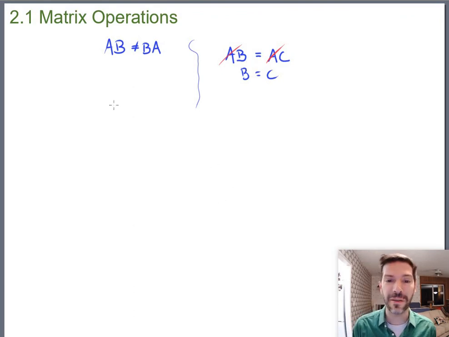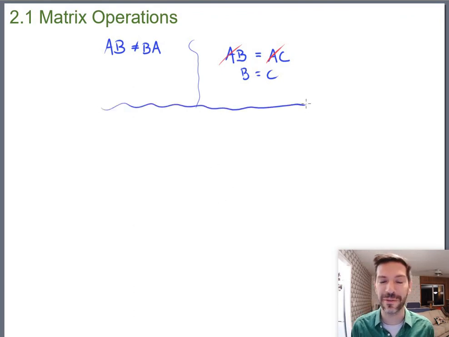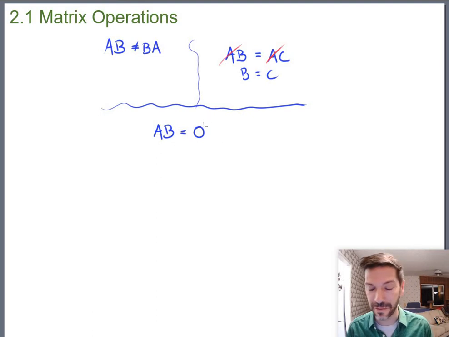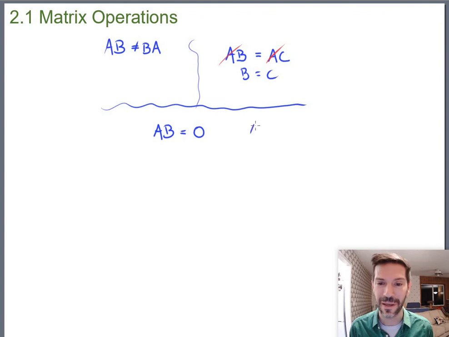Another fundamental basic algebra technique. This is why factoring works. If you've got two things multiplied and you get 0 as a result, in basic algebra, you would say that means either A had to be 0 or B had to be 0.